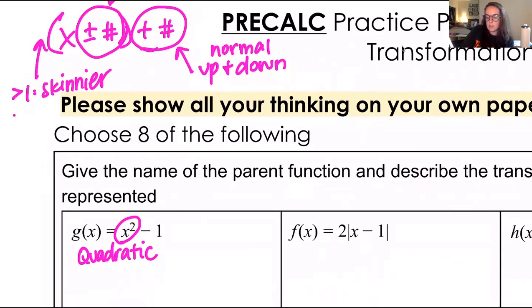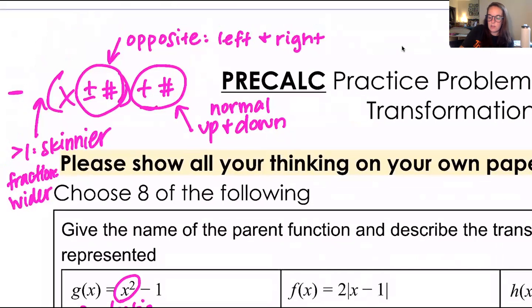And if it's a fraction between 0 and 1, it's getting wider. And finally, if there's a negative in front, this would flip it over the x-axis, so it'd be flipped over like this.